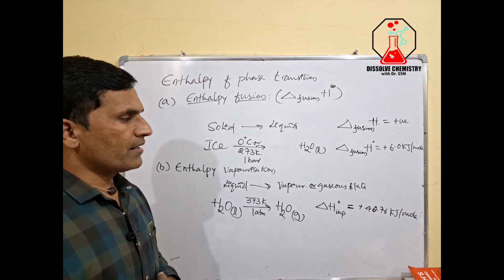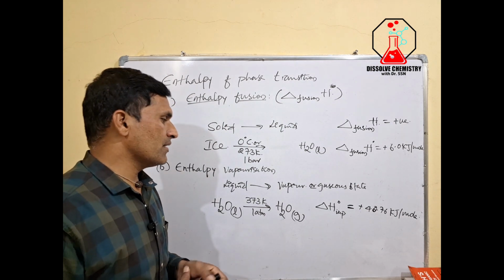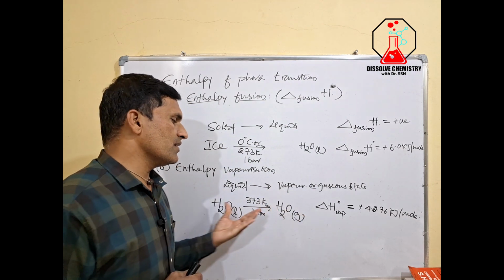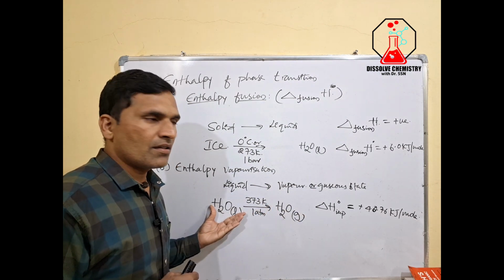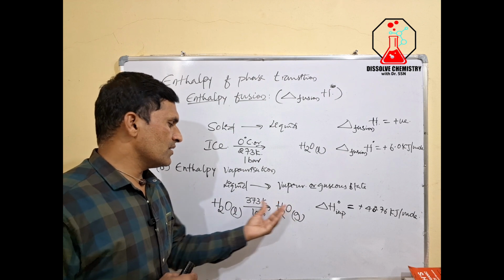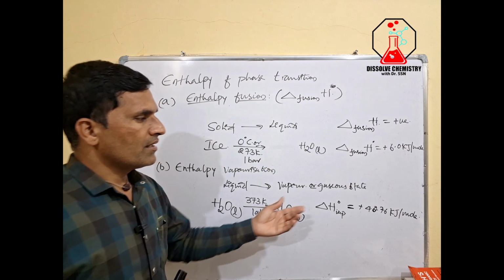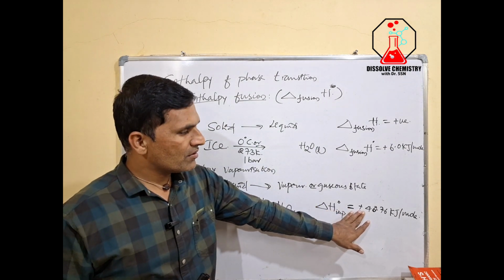And third, you can ask the question: if you want to condense the same gaseous phase into the liquid phase, at the same temperature and same pressure, there will be an enthalpy change.